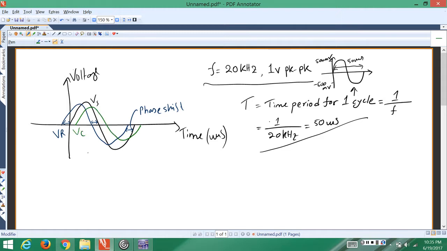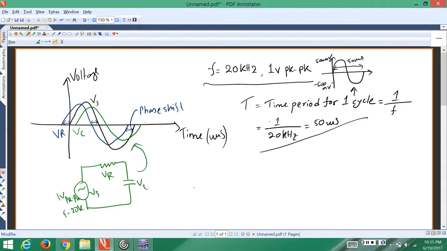So this is what we are expecting out of a circuit like this, where you have the resistor in series with the capacitor connected to the AC source, giving out 1 volt peak to peak with a frequency of 20k. And once you measure VR, Vs and Vc, that is how they should look.